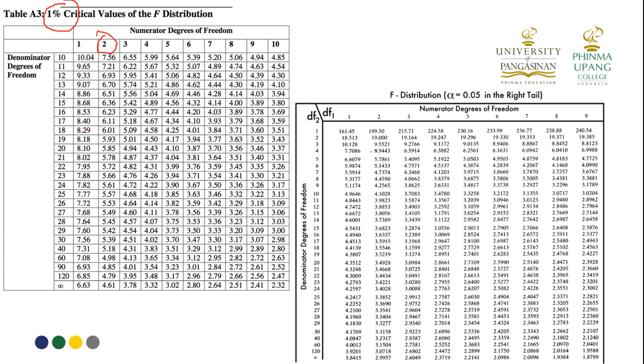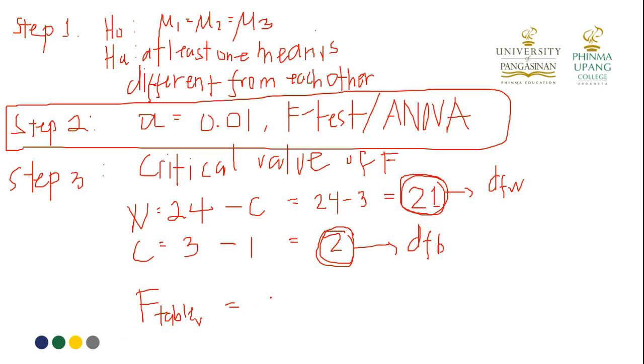So, this is 2 and this is 21. So, connect natin kung saan sila magtatagpo. Yan, 5.78. Lagay natin dito, 5.78.